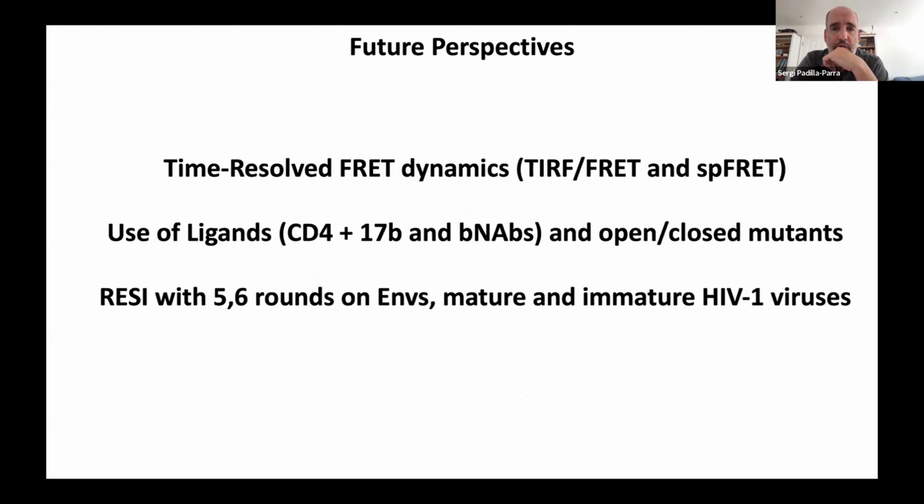And I'll finish with future perspectives. What we want to do now is time-resolve FRET dynamics, time-resolve the DNA-PAINT, and of course see what happens with envelope glycoproteins in both mature and immature particles when we add different ligands, not only the receptors and co-receptors, but also broadly neutralizing antibodies.